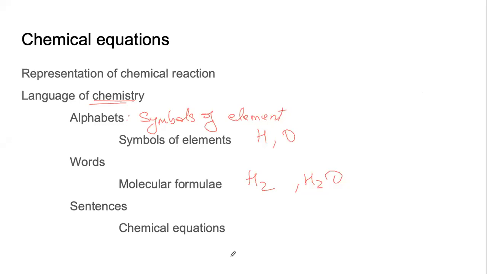So, if I have written it like this, it is not correct, but it is almost a chemical equation. Sentence, alphabet, word, we have combined certain things and we have a sentence. We are calling it a chemical equation. And every language has some rules. It has a grammar. So this language also has some rules. And using that grammar, we will be able to write the chemical equations. As simple as that. That is the next thing that we are going to study.